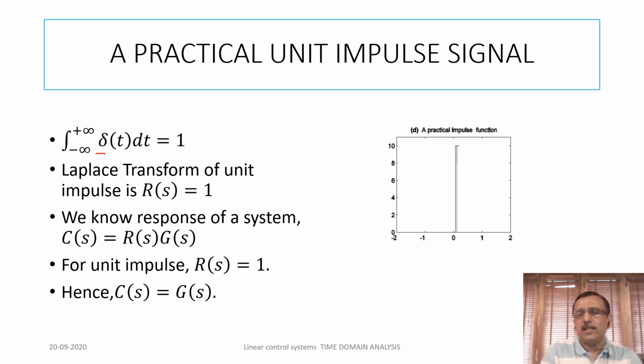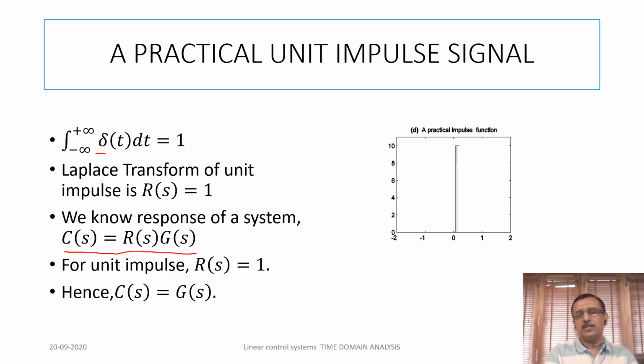Another thing which makes the impulse such a great friend of control systems is that we know C(s) is R(s) into G(s), and R(s) is 1.